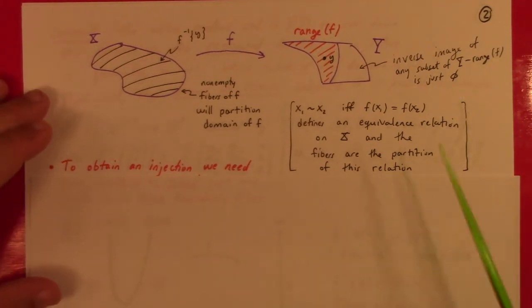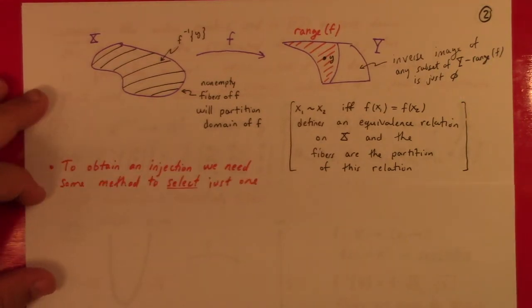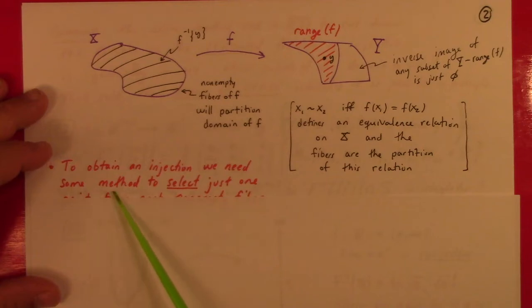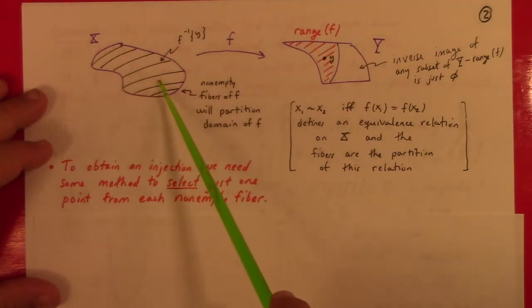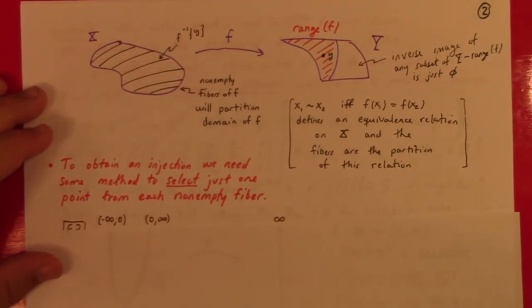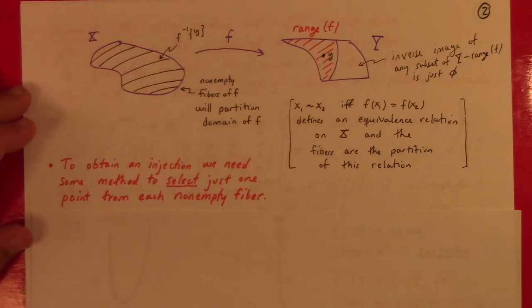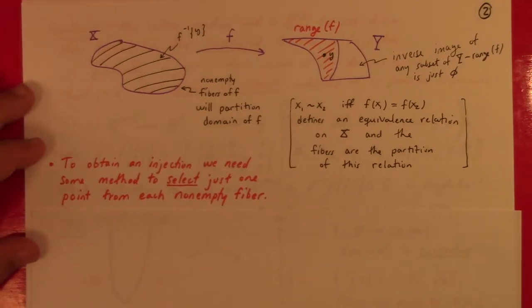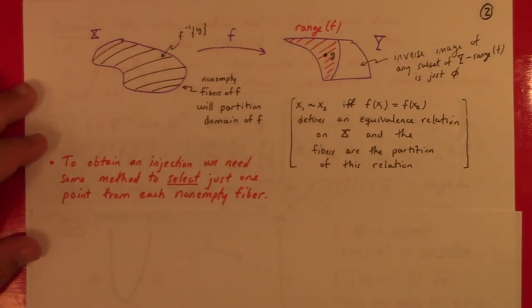But all right, so the point here: to obtain an injection, we need some method to select just one point from each of these non-empty fibers. Generally, how to do that is an art. I can't give you a general answer on how to do that. Usually people talk about taking a cross section or something like that.